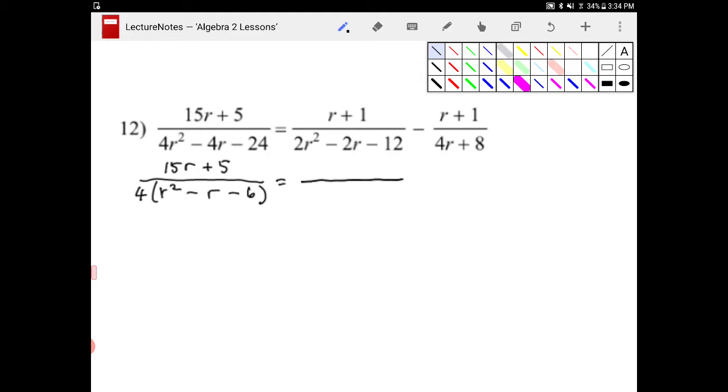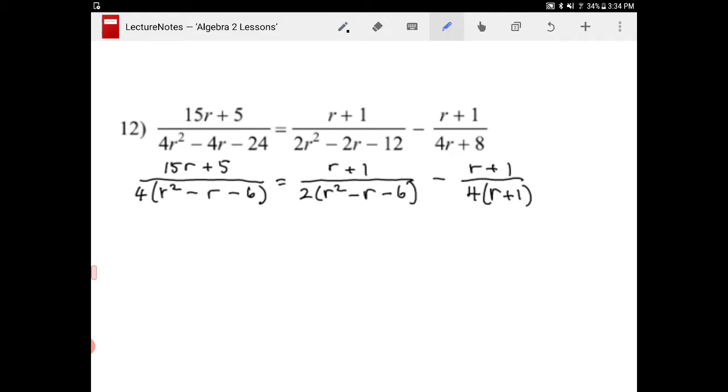And then this guy over here, r plus 1, is 2 times r squared minus r minus 6. And this guy over here is r plus 1 over 4 times r plus 1. And I can actually factor this even further.